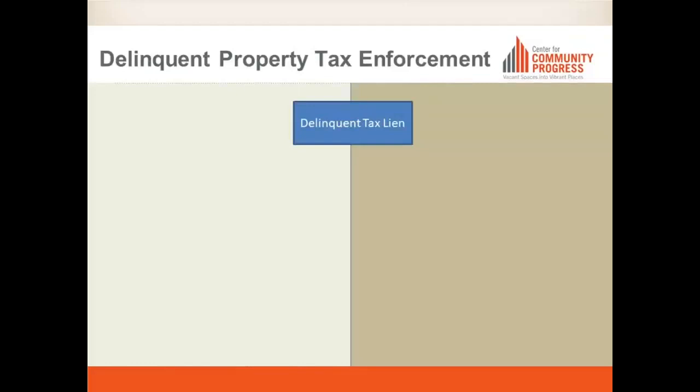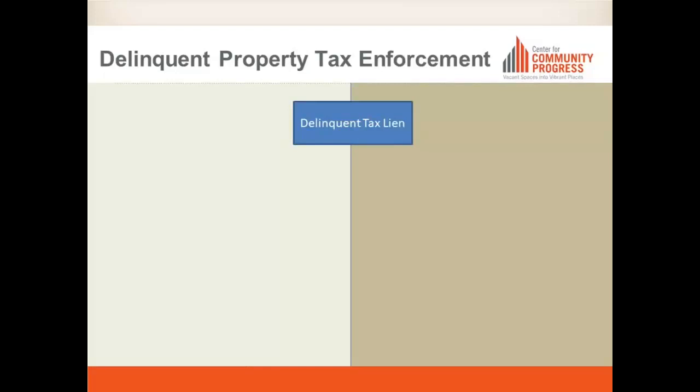If I had to estimate, I'd probably say it's 90 to 95% of all of the properties that come into land banks come in through this pipeline of delinquent property tax enforcement. So it's incredibly important to understand both this system by itself and then how it's integrated to land banks.